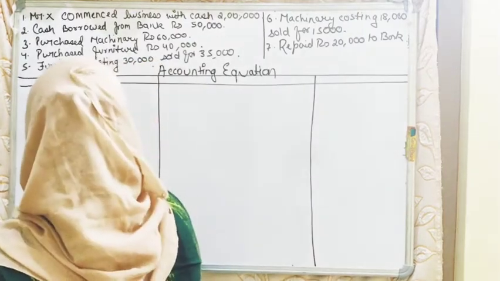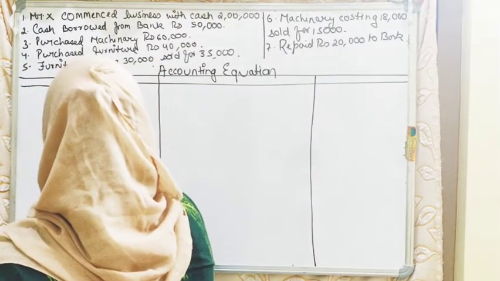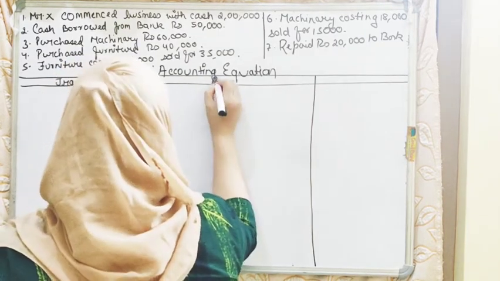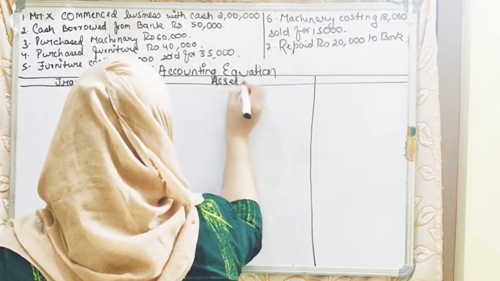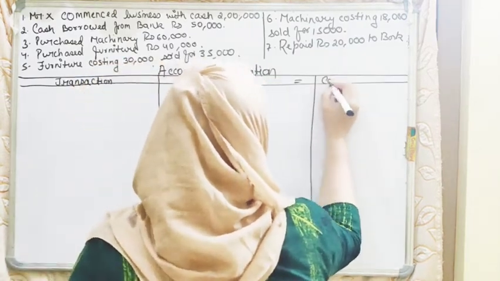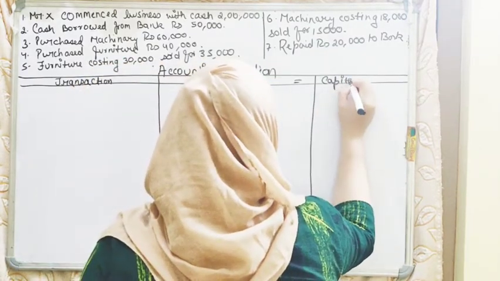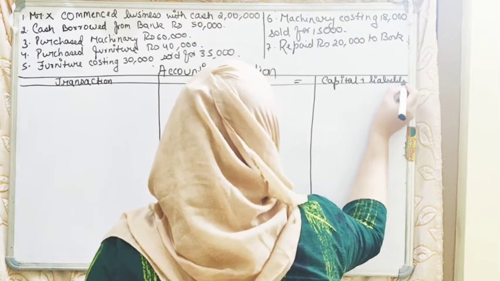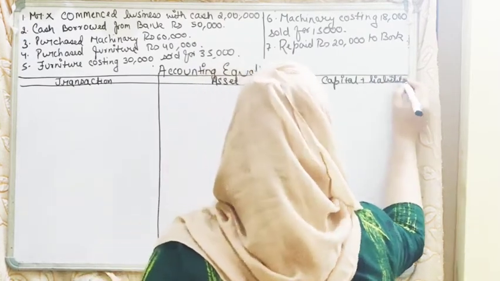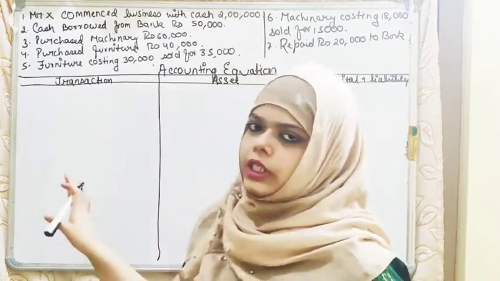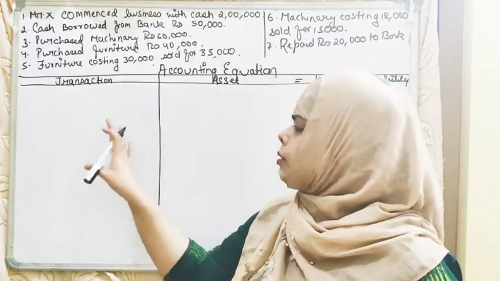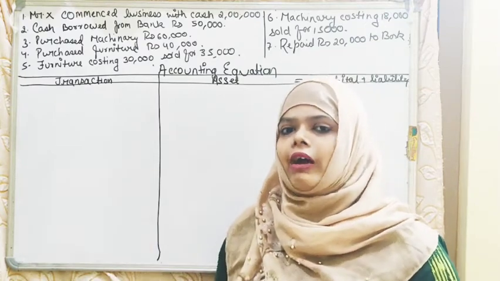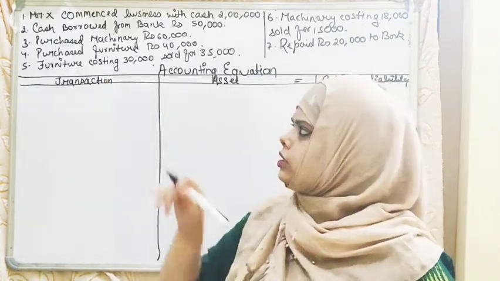First one will be transaction. Second one will be asset is equal to capital plus liability. This is the proforma, the specimen or the format of the accounting equation.